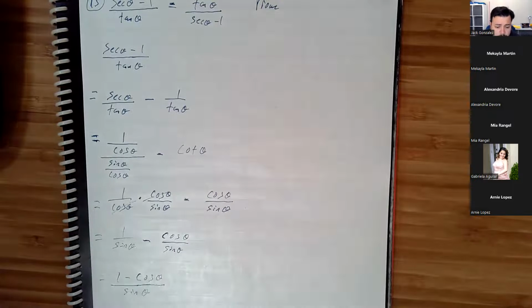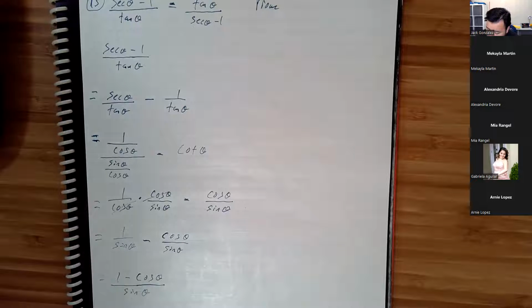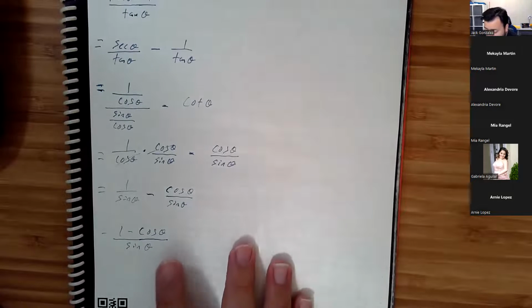That's not where I wanted to go. I'm thinking we may have to take a different path. Because now that I'm here, I realize that I need a conjugate.